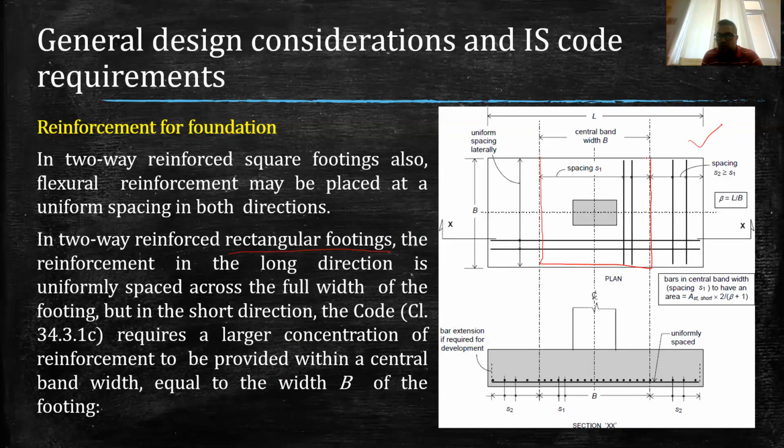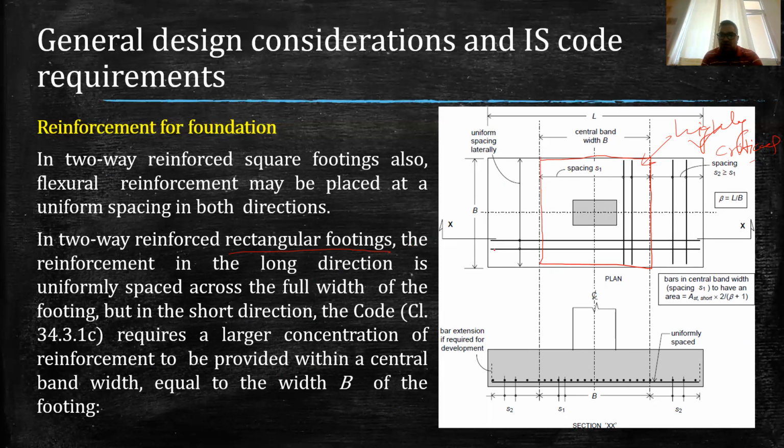In this rectangle also, we know that this section will be highly critical, which means maximum pressure will be borne by this central band, and therefore the maximum concentration of the reinforcement should be along this central band only.